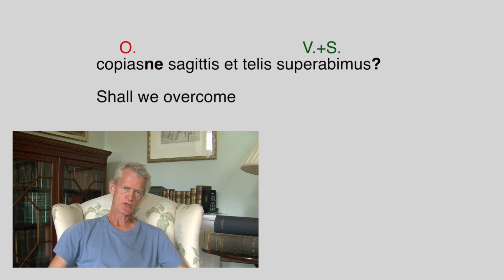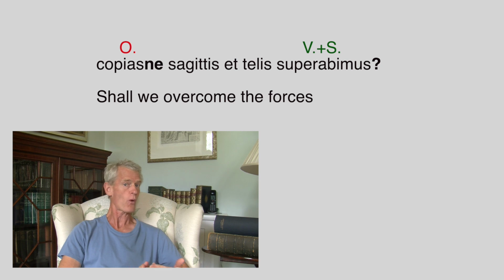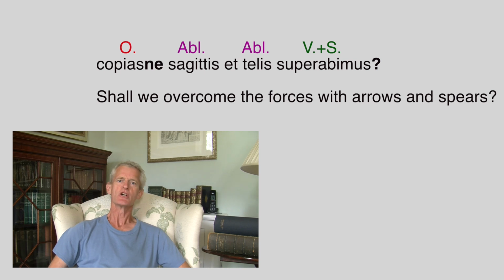So, superabimus, shall we overcome, copias, the forces, and then we've got these words, sagittis et telis. Now those are both either dative or ablative plural endings. Ablative would make sense, with spears and arrows. So, shall we overcome the forces with spears and arrows?